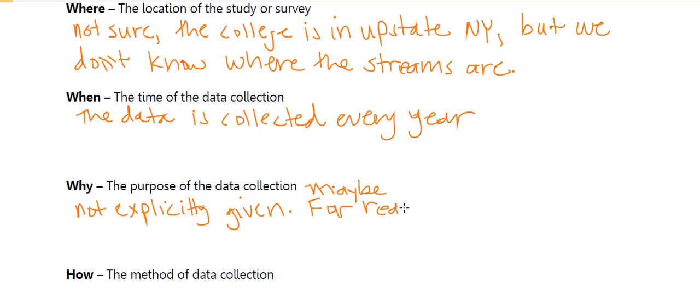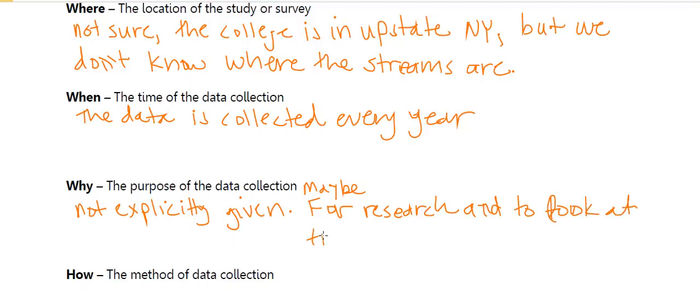Maybe for research, and to look at trends over time.